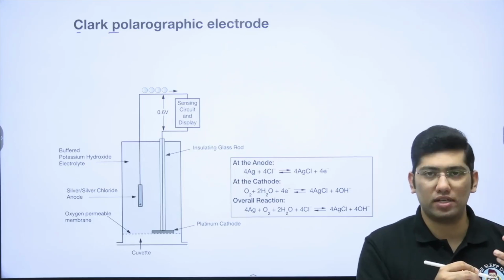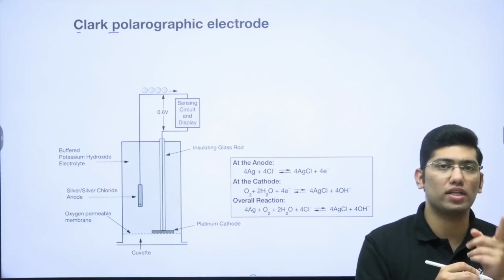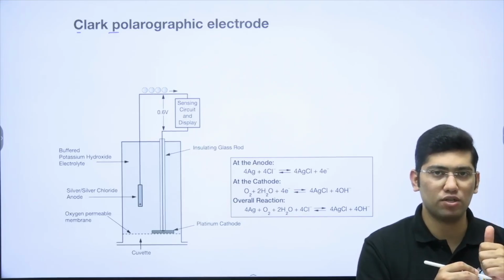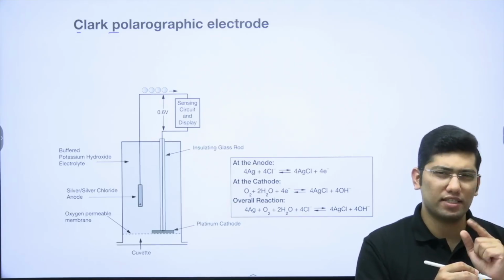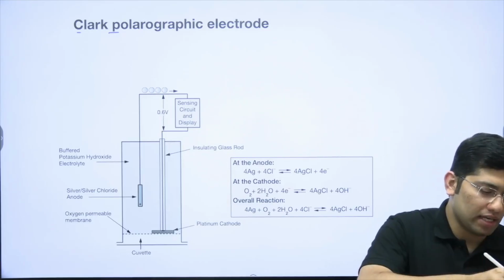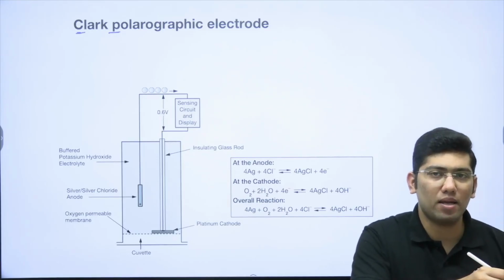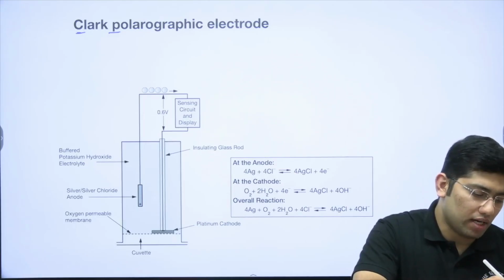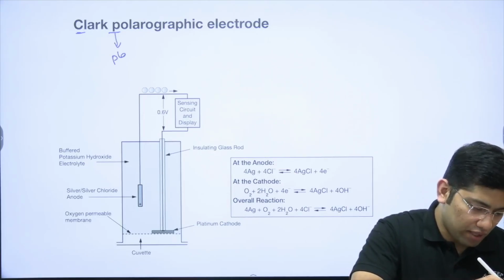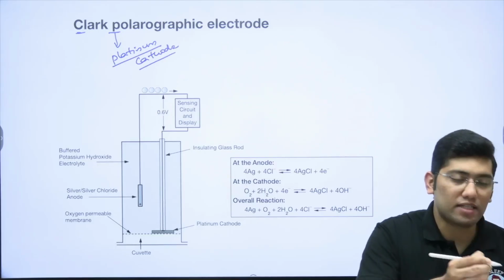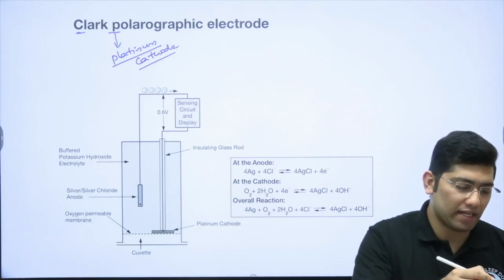Now these are amperometric electrodes. You have to remember what is a cathode and what is anode in two electrodes, that is Clark's Polarographic Electrode and Galvanic Fuel Cell. There is a very easy way to remember. In the Clark Polarographic Electrode, take the first two letters C and P. So here we have a platinum cathode. Clark's Polarographic Electrode has a platinum cathode.